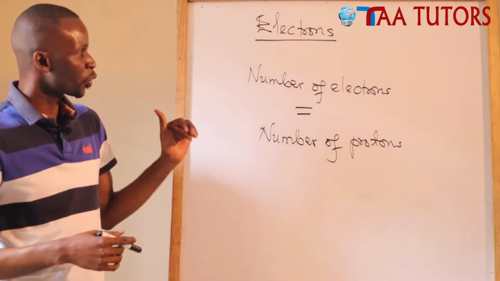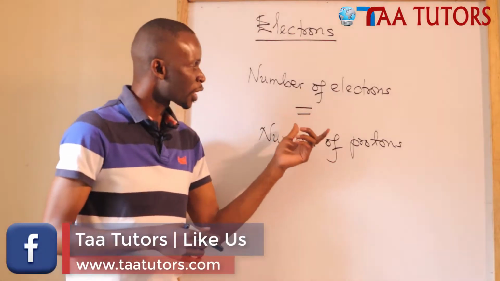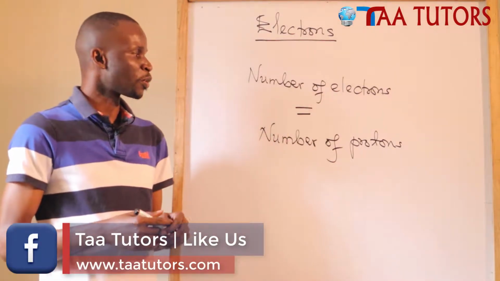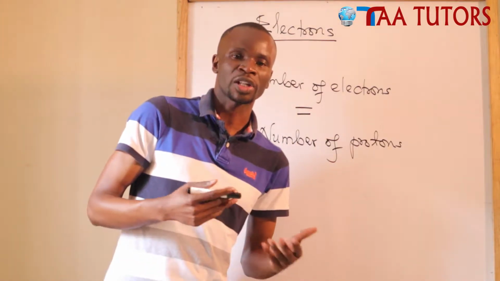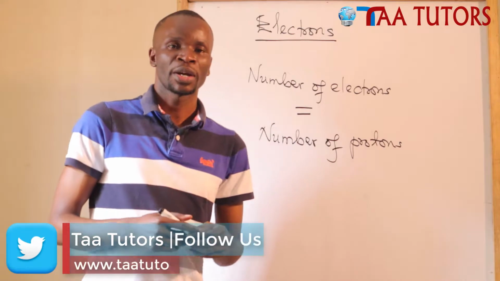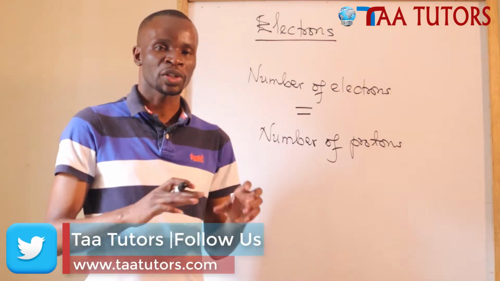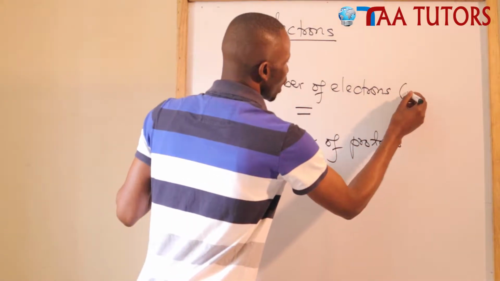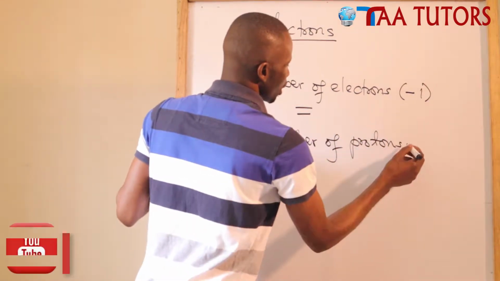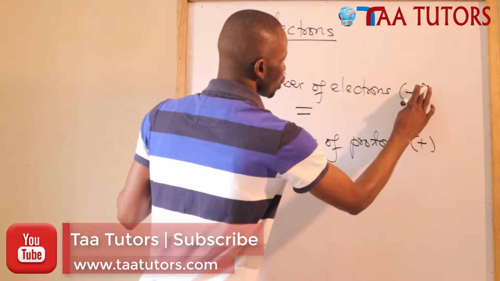So in any atom, we have to agree that the number of electrons and the number of protons will be equal. For example, sodium has 11 protons, and as such, 11 electrons. So those numbers must be equal. And we know that electrons are negatively charged, and protons are positively charged.